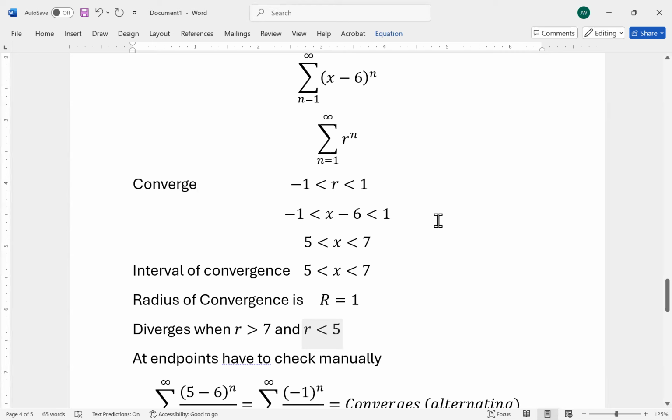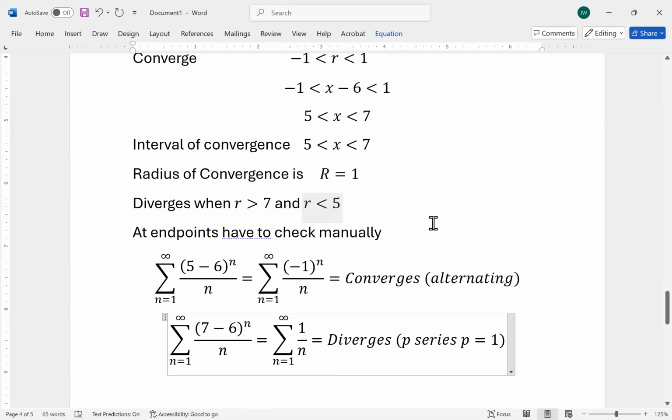So when my geometric base is between -1 and 1, it converges and it diverges elsewhere, except for possibly the endpoints. And then I have to check the endpoints manually. So x equals 5 leads to convergence. x equals 7 leads to divergence.